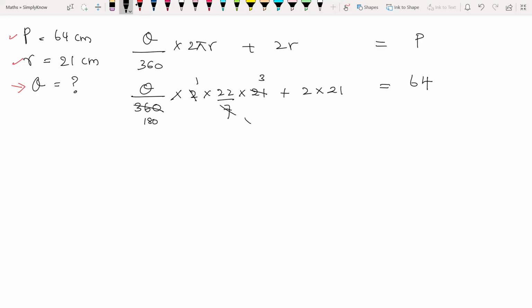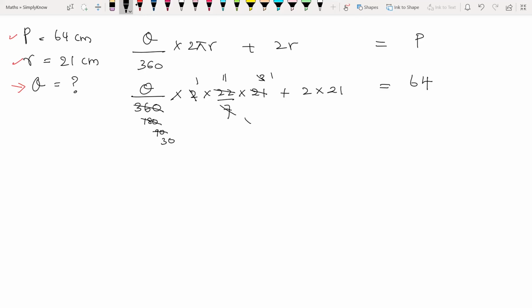And also 22 and 180, let's divide. So I'm going to divide by 2. I get 11 here. And 180 divided by 2 is 90. Then 3 and 90 we can simplify. 3 times 30 is 90.